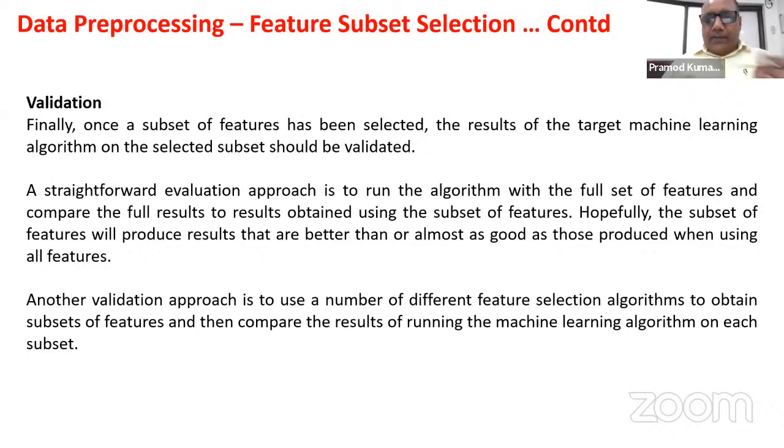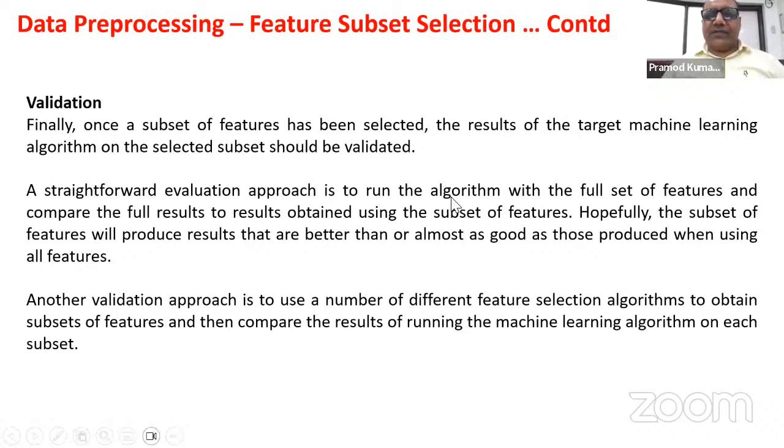Hopefully the subset of the features will produce results that are better than or almost as good as those produced when using all the features. In most cases, if the number of features is really too large, a few will be irrelevant and redundant, so the subset result will be better than the full set result.